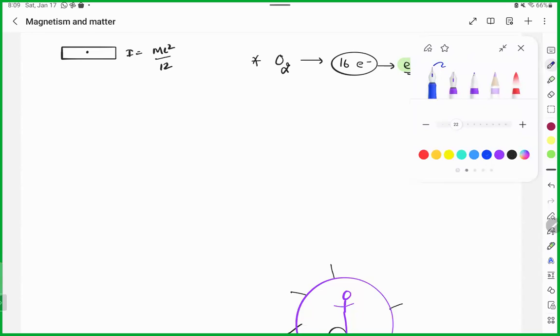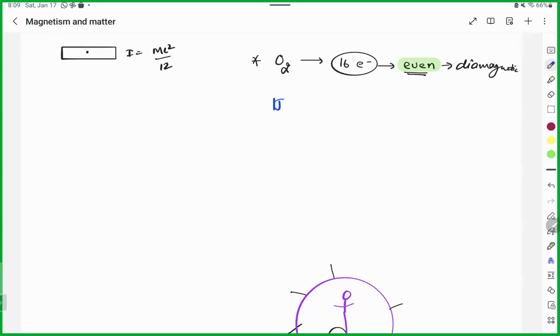For oxygen, when you have 16 electrons: sigma 1s2, sigma anti 1s2, sigma 2s2, sigma anti 2s2, sigma 2pz, pi 2px, and pi 2py. Then pi anti 2px and pi anti 2py.